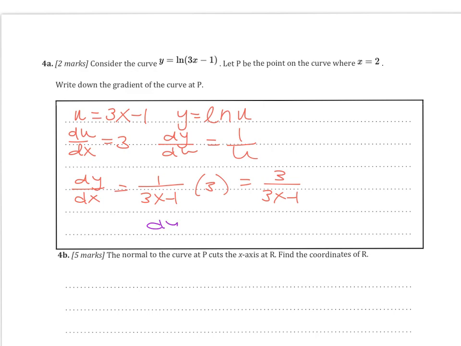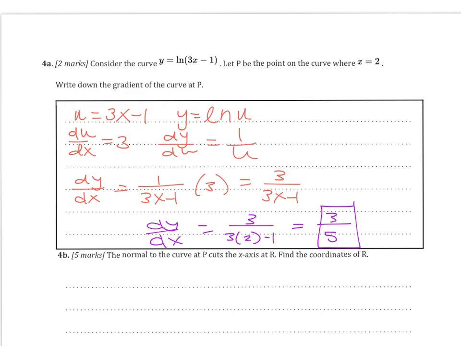So we get dy dx equals 3 over 3 times 2 minus 1. So that gives us 3 over 6 minus 1, which is 3 over 5. So there is our slope at the curve at P.